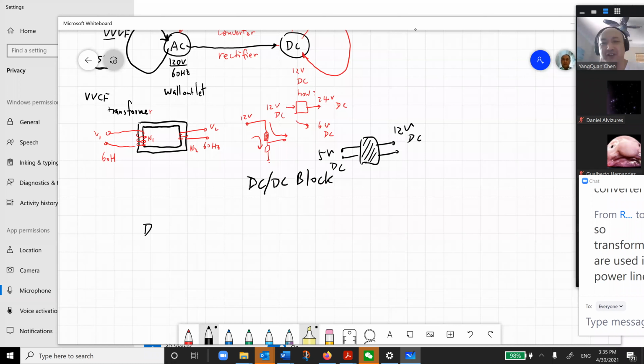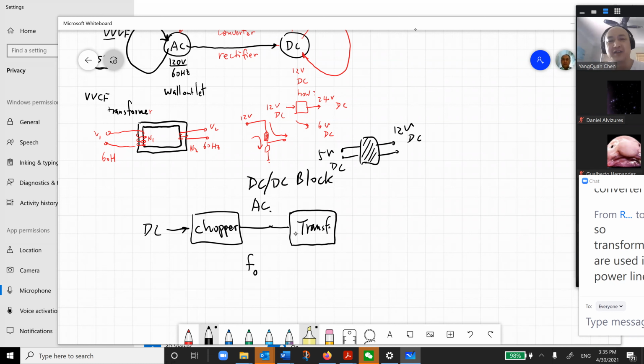So first of all, you have DC here. You do a chopper circuit. You chop it and modulate it in such a way that it becomes AC, with probably a frequency F0. With this AC, then you do a transformer.